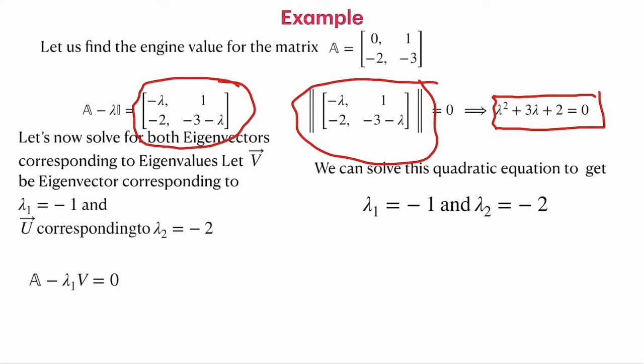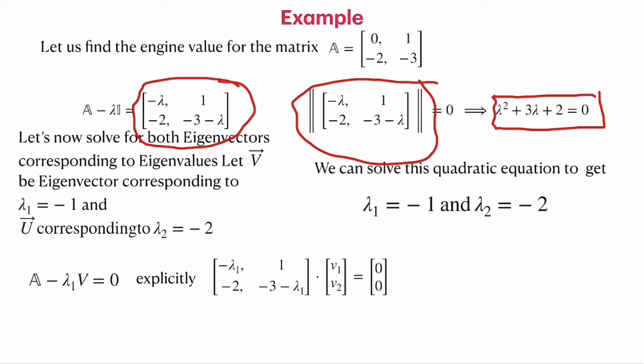So we substitute these in the eigenvalue equation and write it down explicitly in terms of lambda. The eigenvalue equation is A minus lambda 1 times V. We can write it explicitly in matrix notation as minus lambda 1, 1, minus 2, minus 3 minus lambda 1.